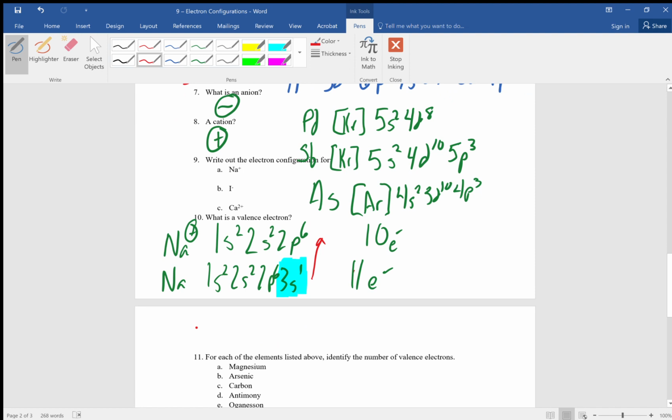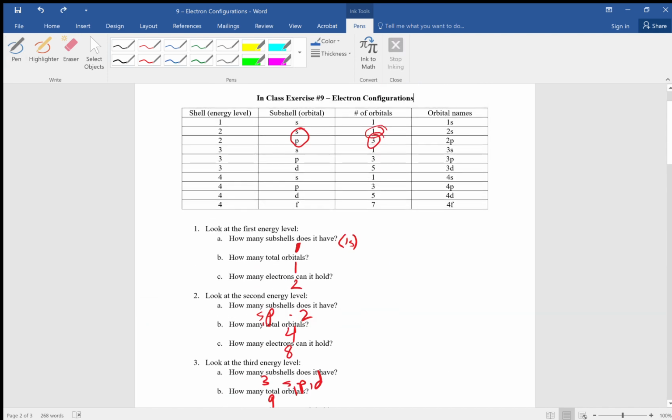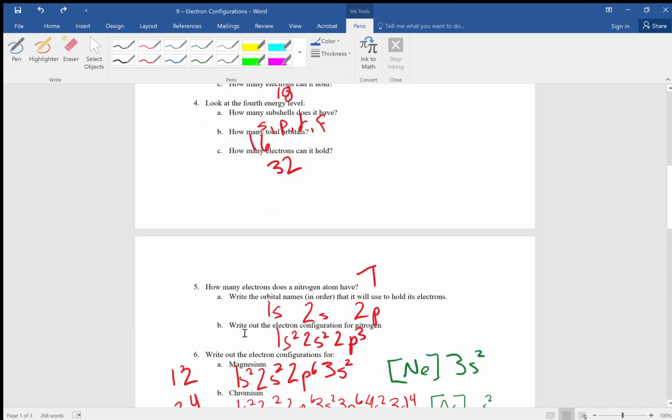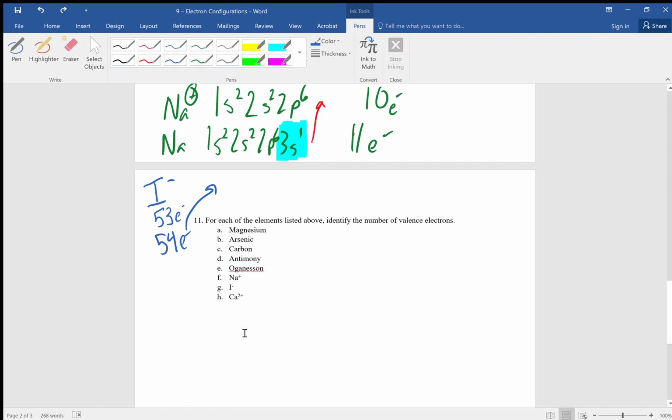What about if we have an anion, as we do in I-? So iodine normally has 53 electrons. If it's an anion though, we're going to add electrons, so we have 54. So in other words, I- has the same configuration as xenon.